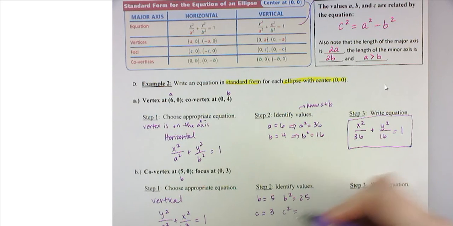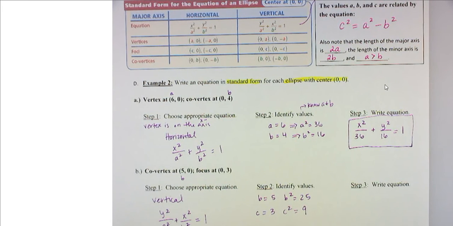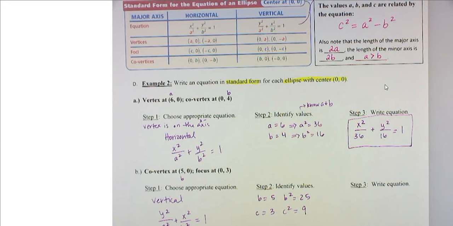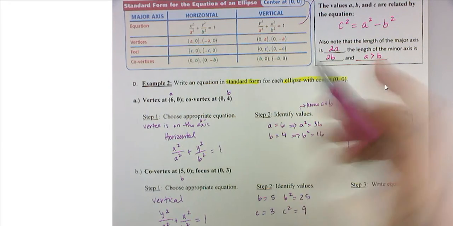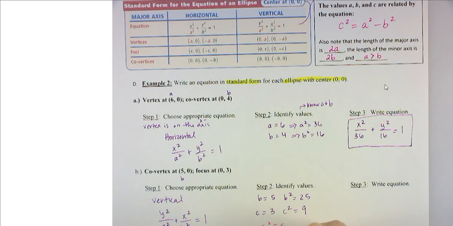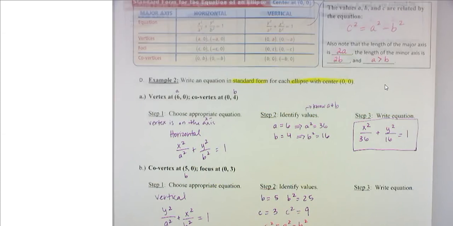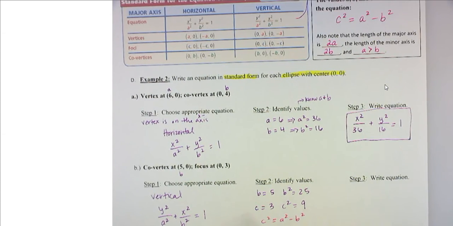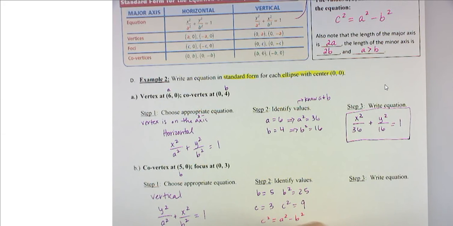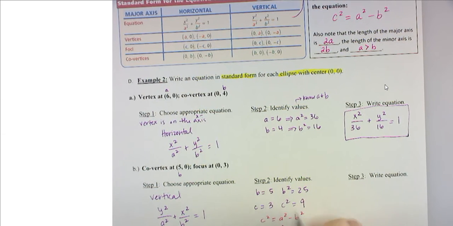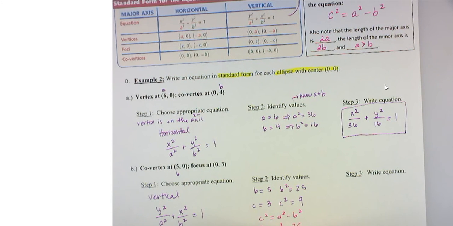So what I have to use is c squared equals a squared minus b squared, and then solve for a squared. So c squared is 9 minus b squared, which is 25. And you get 34 for a squared. You don't even need to take the square root because you are going to be plugging in a squared.